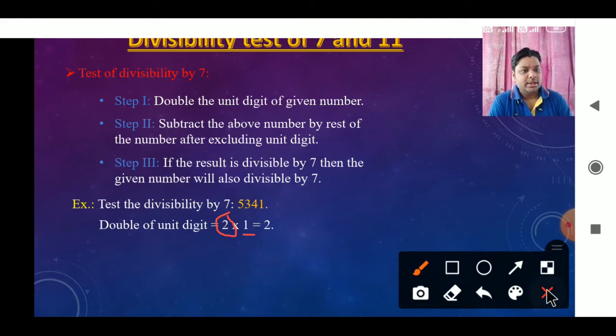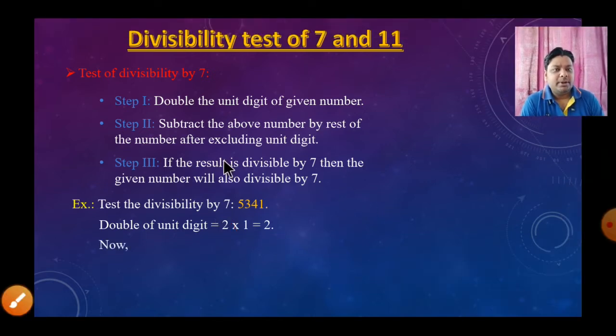Then after that, we have to subtract from the rest of the number. After doubling the unit digit, we subtract it from the rest of the number. The rest of the number is what? If you remove 1, what is left? 534.